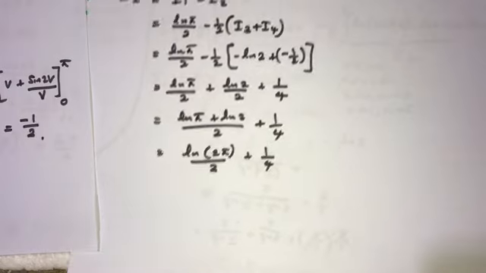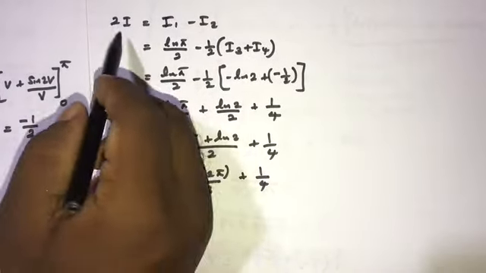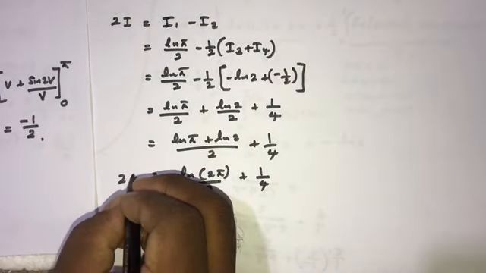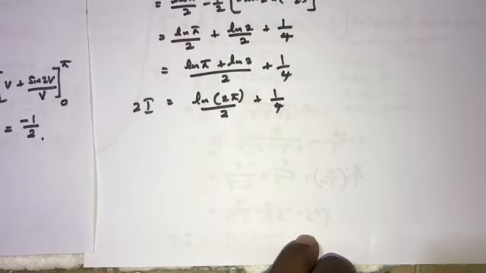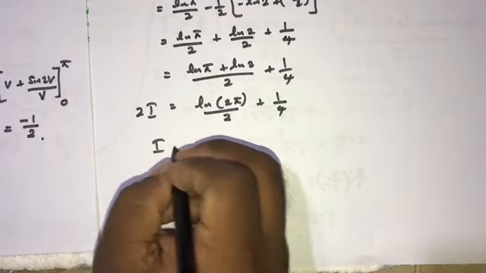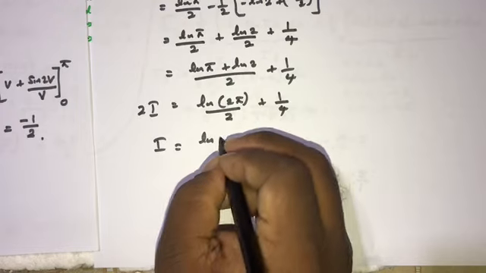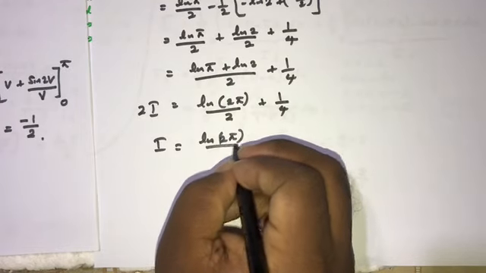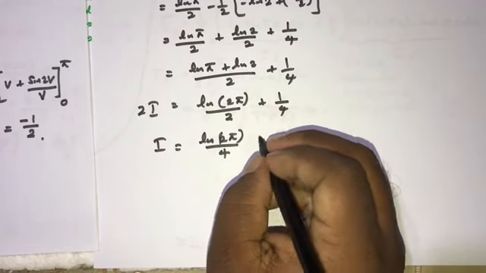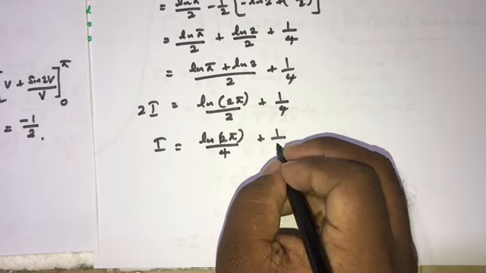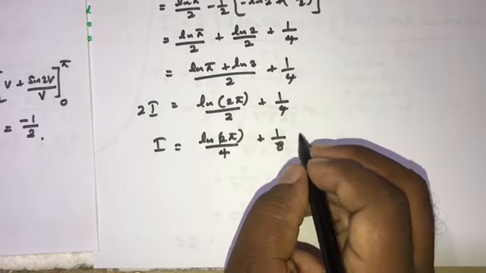Okay, this is equal to 2 times I, but we need I. So I is equal to natural log of 2 times π over 4 plus 1 over 8. Okay, this is the answer.